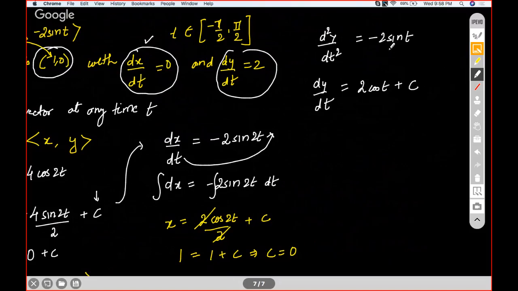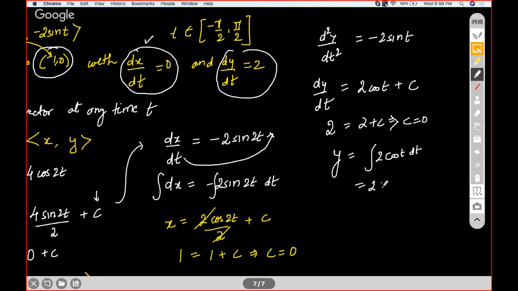Y is 2 sin t, correct. So this is 2 when t is 0, so c is 0. So y will be the integration of 2 cos t dt.